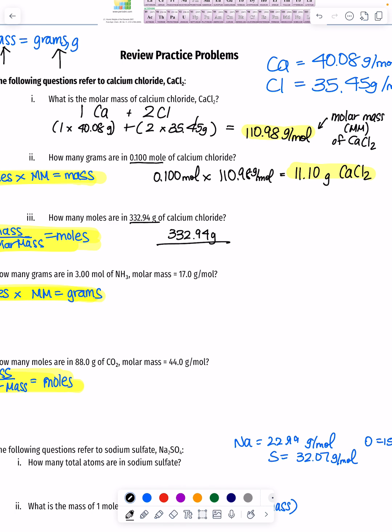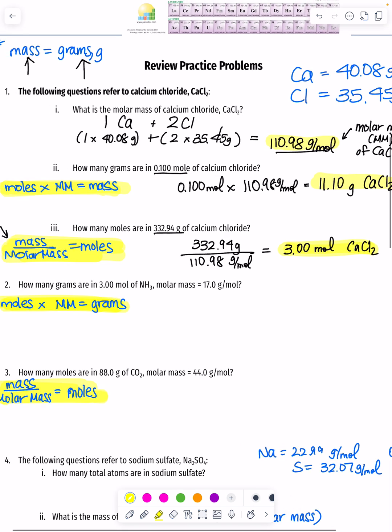I divide it by the molar mass, which is 110.98 grams per mole. If I divide those two numbers, I put 332.94 over 110.98 in the calculator. I get exactly 3, and we'll call that moles. I was looking for moles of CaCl₂. That is how you do question 1 regarding CaCl₂.